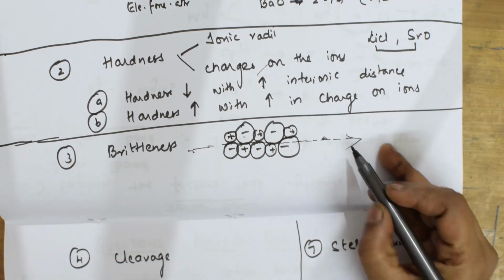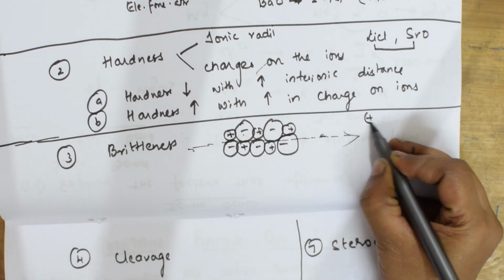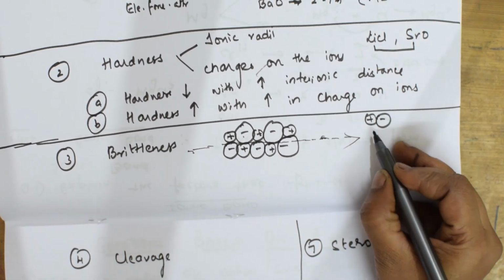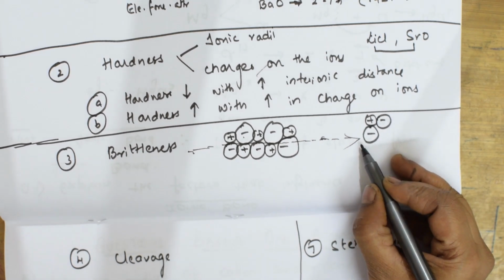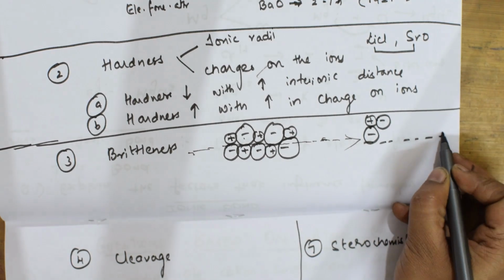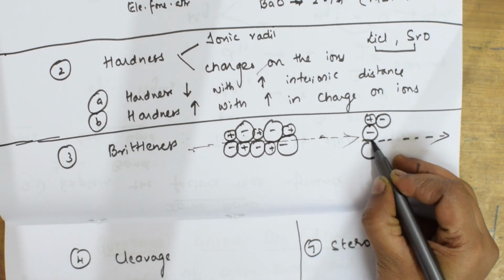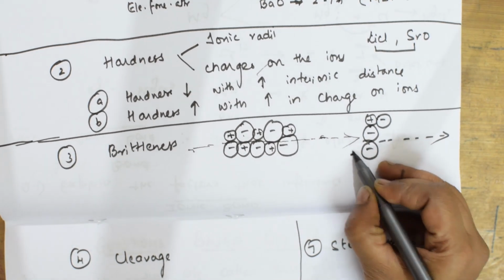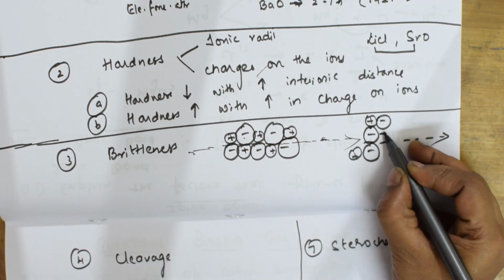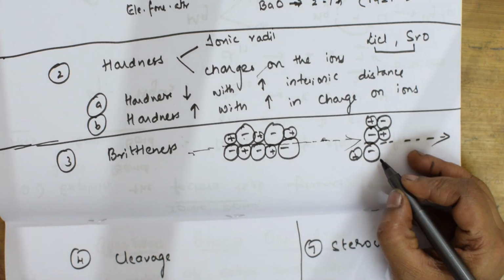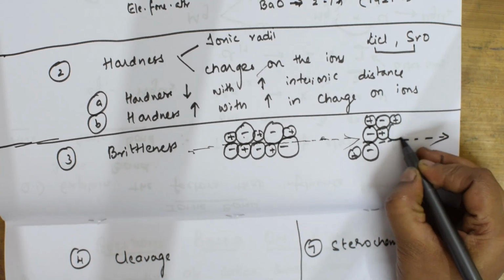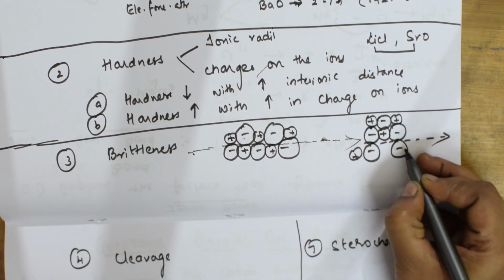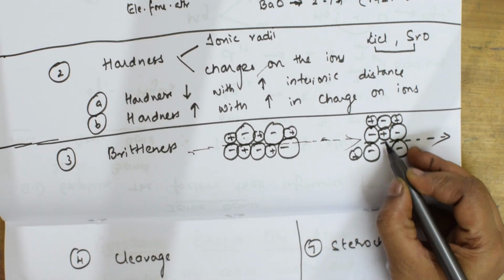How does it look? Now here for the cation we have an anion, and there is a movement of energy like this. So similar charge, anion comes closer. Just see here. And then again for this cation, it will slide up like this, and one more anion comes below this.